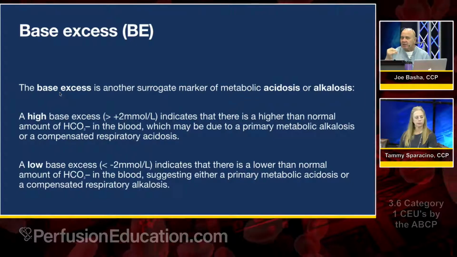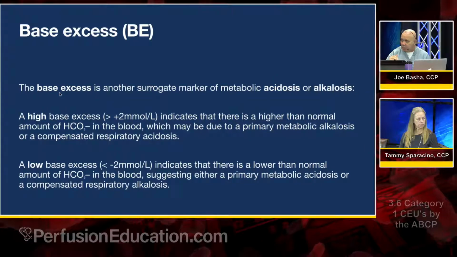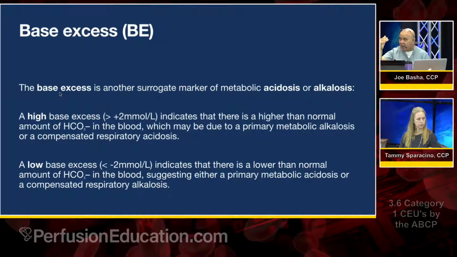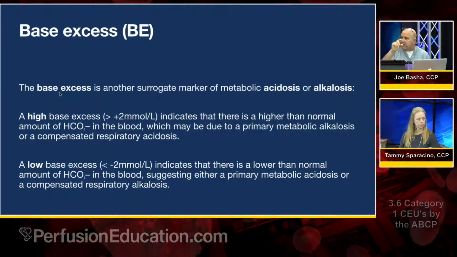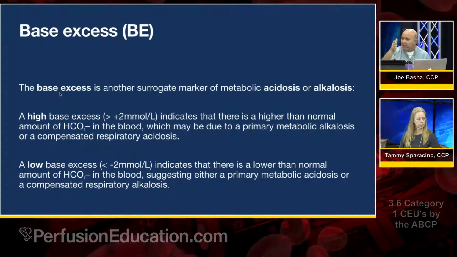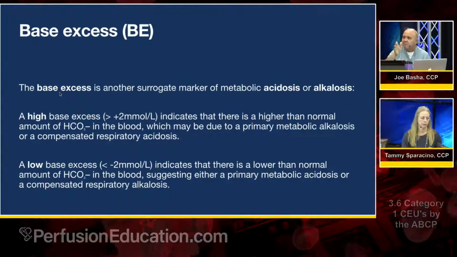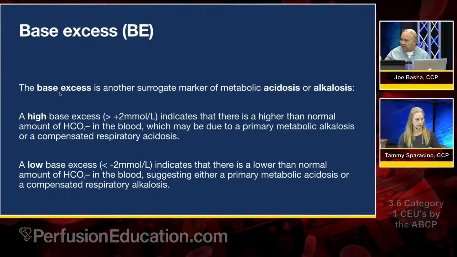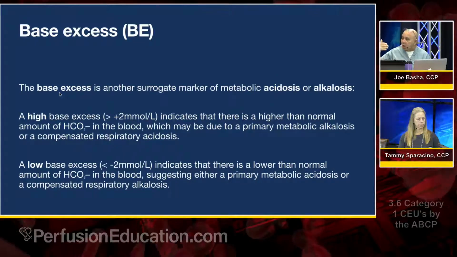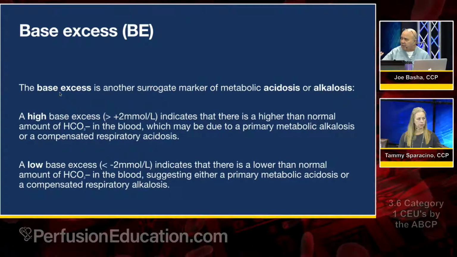So rather than correcting the PCO2 to 40 on ECMO, they allow the PCO2 to continue to rise, as long as the pH remains at 7.3 or 7.29 and above, to allow the kidneys and the body's physiology to start retaining bicarb and getting your bicarb level much higher.